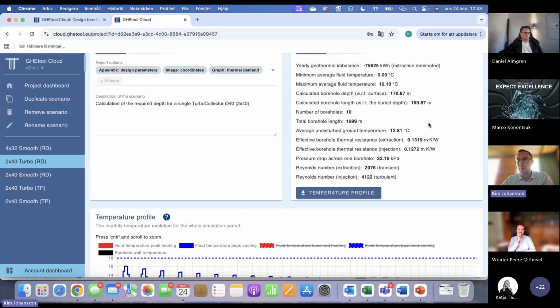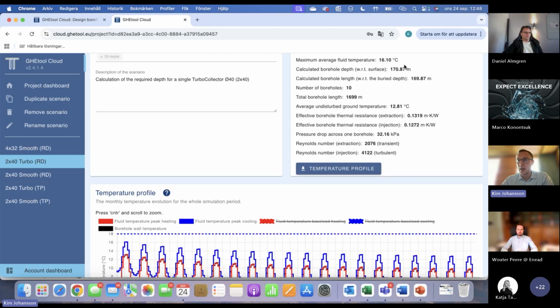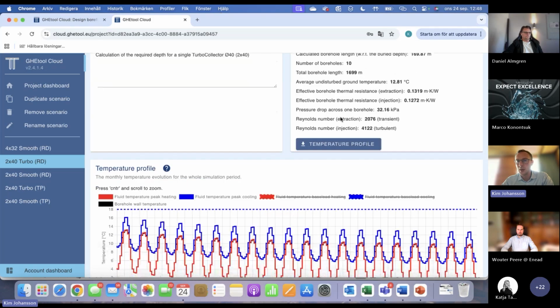So this is way lower than the smooth solution, but it's also less than the W system using the 32 millimeter pipes. And the reason for that is if we go down and look into the Reynolds numbers, we could see that these are more or less the same Reynolds numbers that we had in the smooth scenario, smooth 40.